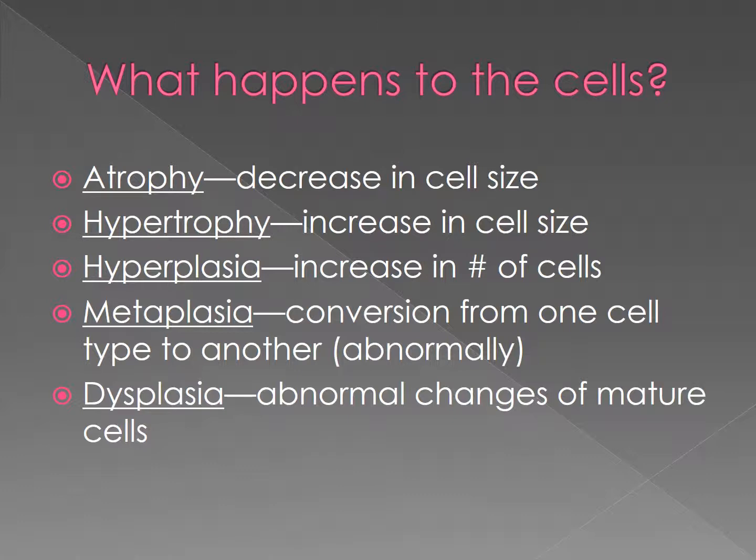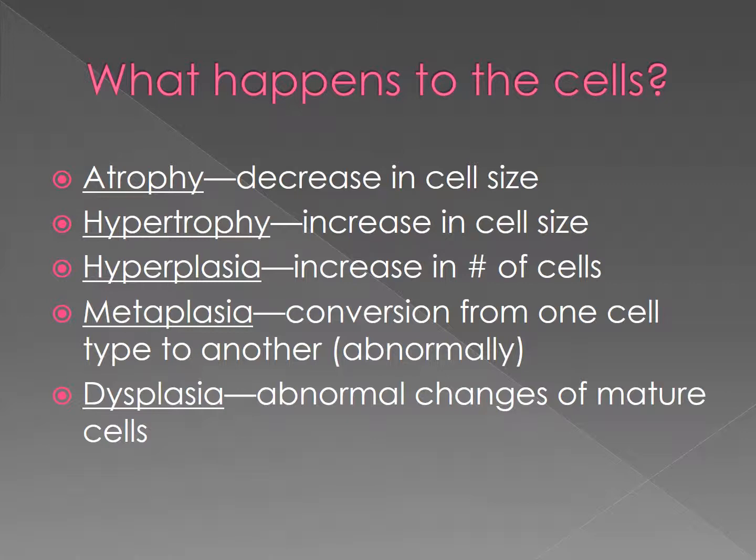We also talk about disease processes in terms of what happens to the cells that are damaged. I mentioned this in the first slide, that disease is something happening or an injury to some cellular organism, and it's not necessarily a traumatic injury, but a cellular injury. When we say that cells atrophy, that's a decrease in cell size.